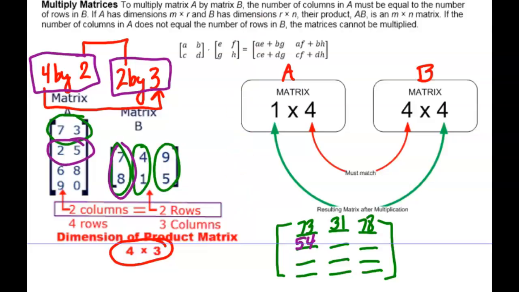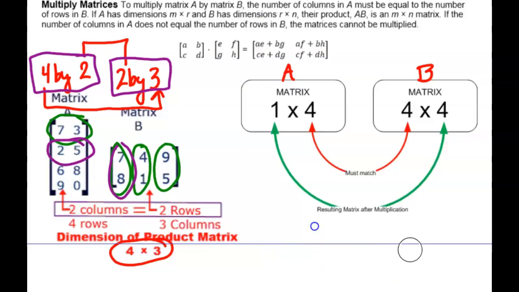But I also want to talk about, real quickly, the fact that usually it doesn't matter what order we multiply things in. Is that true? 2 times 3 and 3 times 2 are the same thing, right? But if I wanted to do matrix B over here times matrix A, I would have looked at B and said this is 2 rows by 3 columns. And this one is 1, 2, 3, 4 rows by 2 columns.